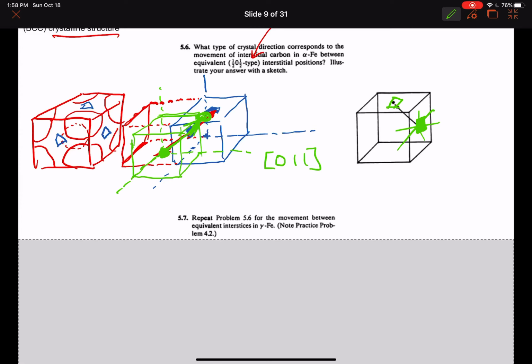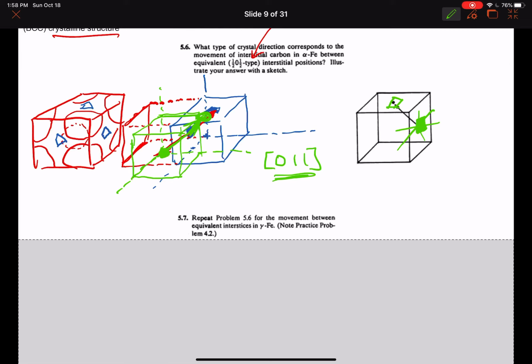So as you might expect, because of all the symmetry of neighboring unit cells about this origin, we would get lots of options. And so this is one of those options. So this would be a correct answer for this question.